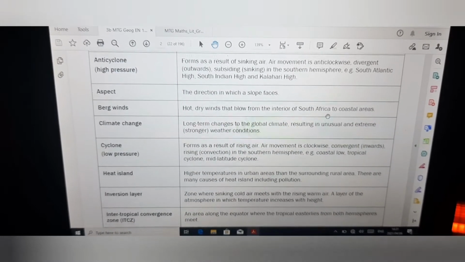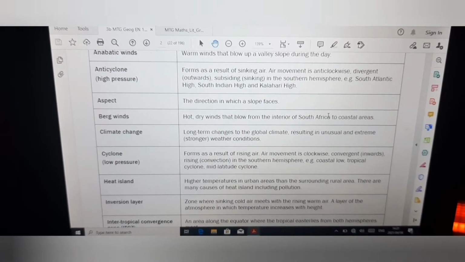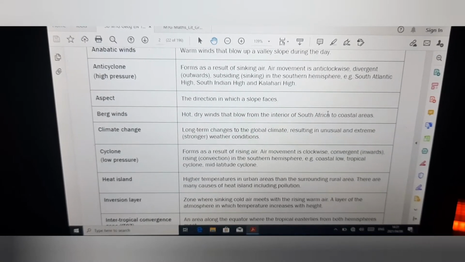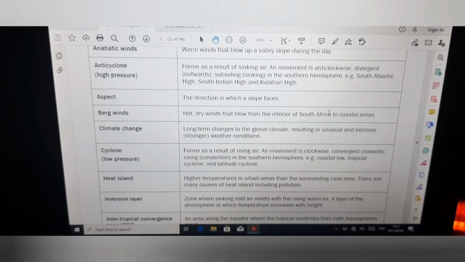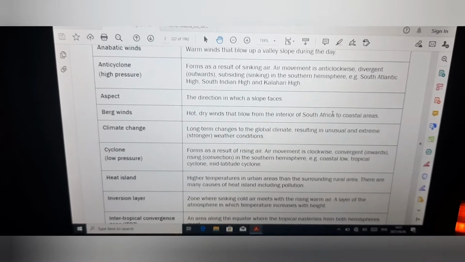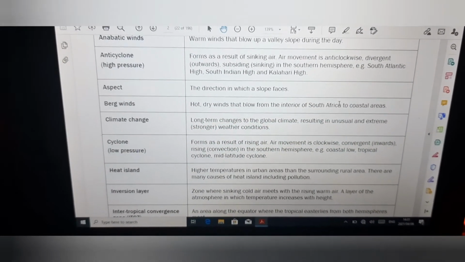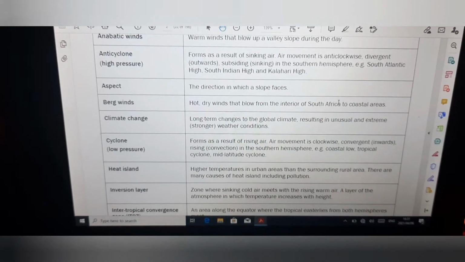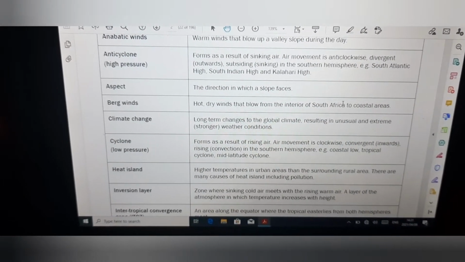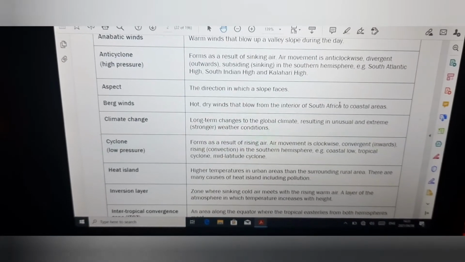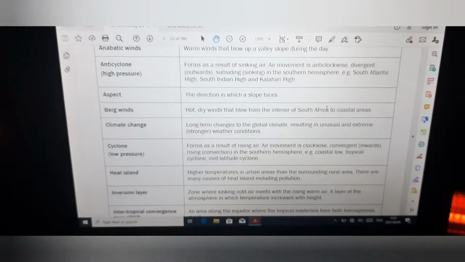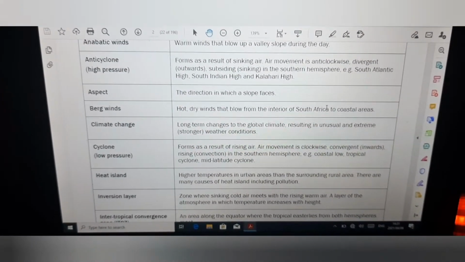As you can see, anticyclone is the opposite of cyclone: high pressure, low pressure. I would suggest that you draw a table and draw the differences of anticyclone and cyclone, so you'll be able to understand properly, so that you don't forget in your exam.